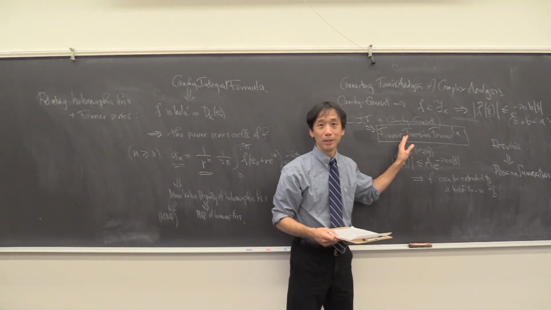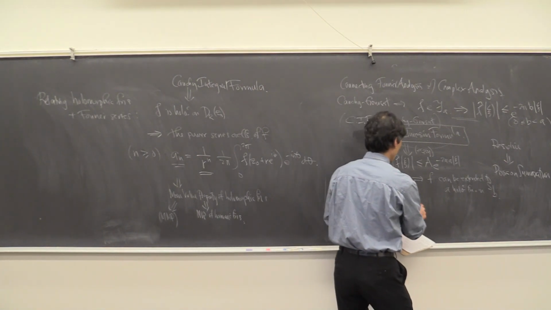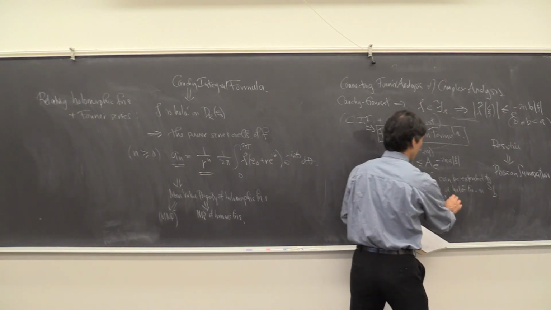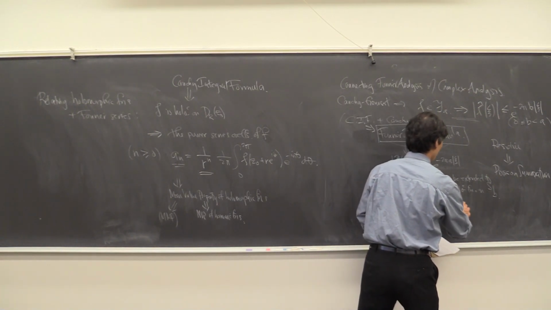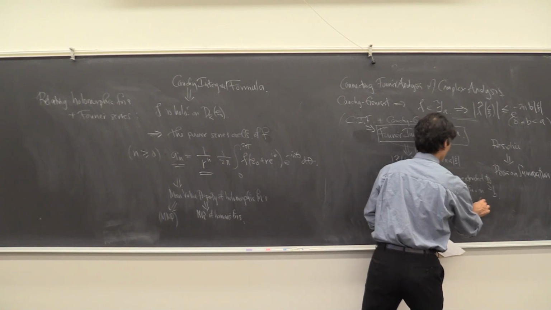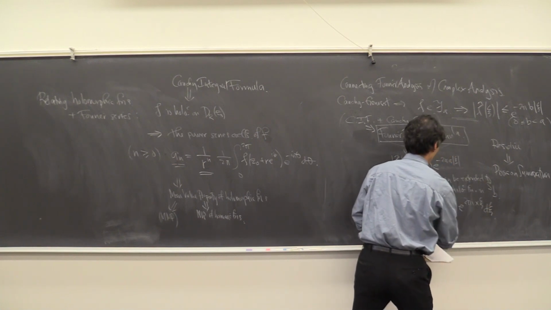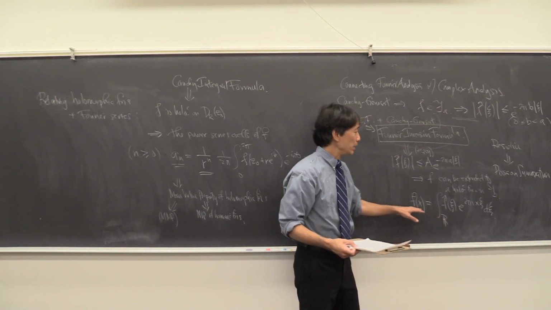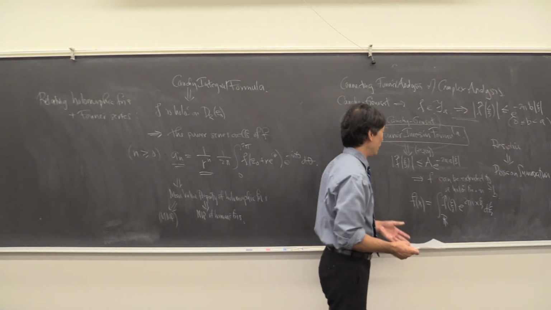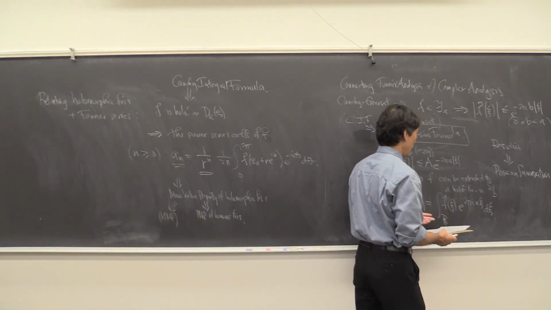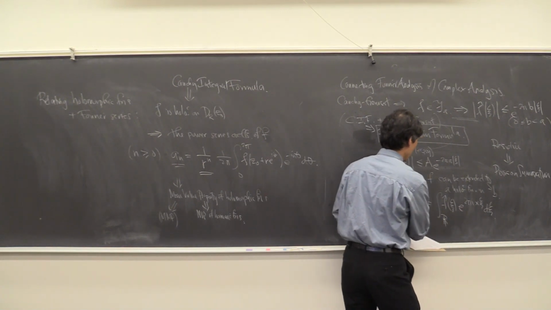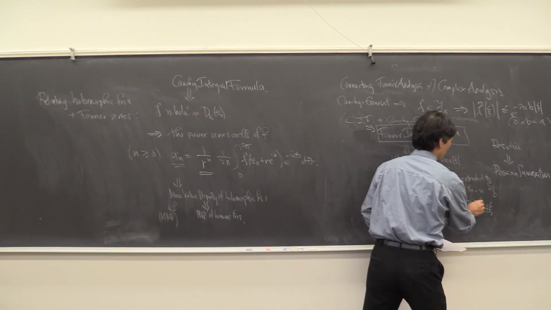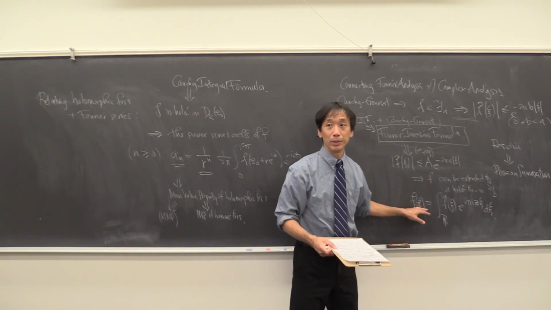You start off with your function, and you can recover it using the Fourier inversion formula, with e to the 2 pi i x xi. Then you say, I'm just going to extend that to the complex plane by allowing a complex variable here.